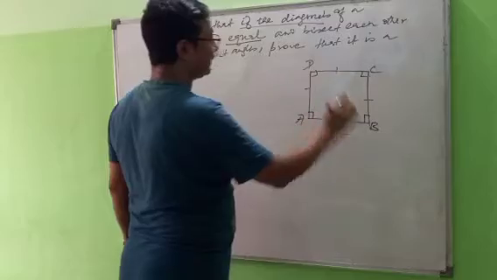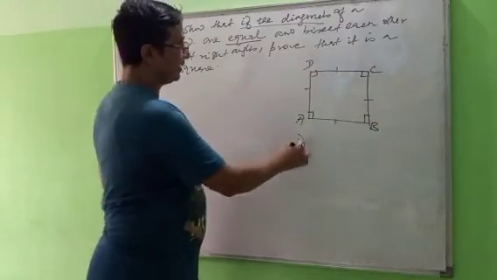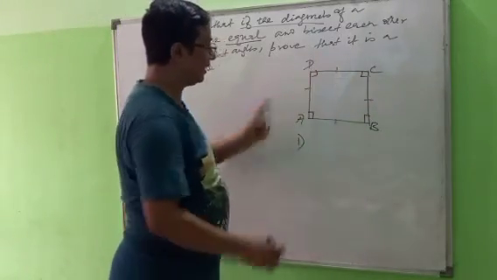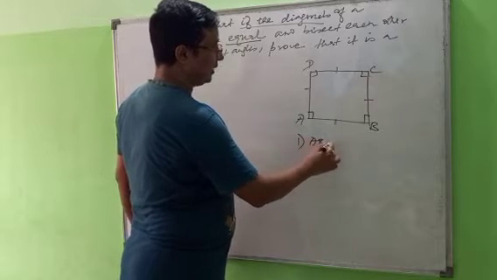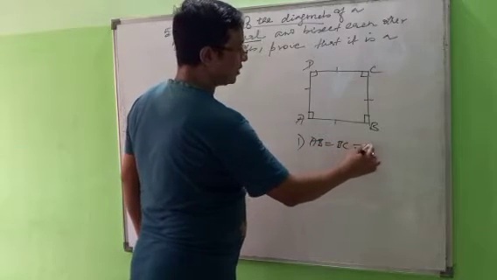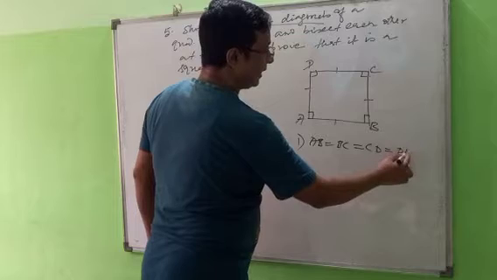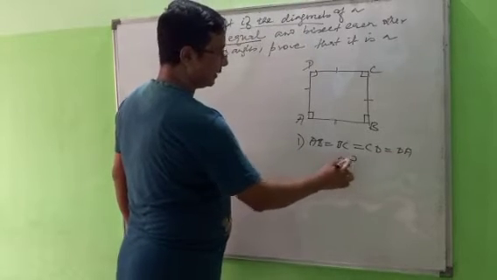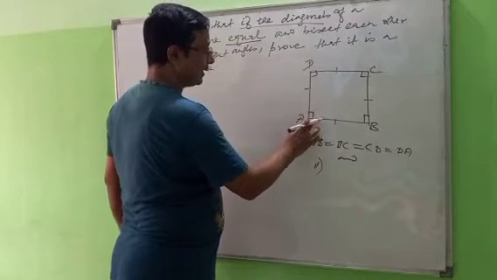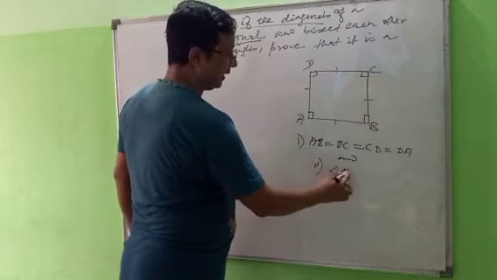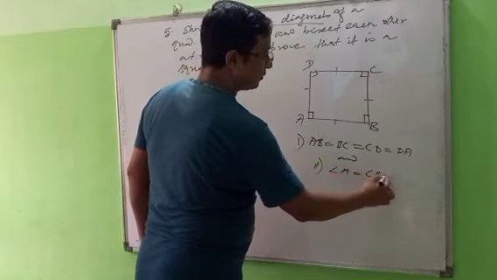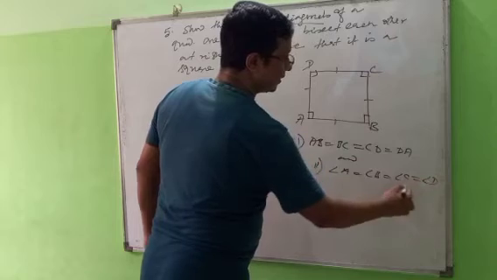So that means two things. One is that all the four sides are equal, that means AB equals BC equals CD equals DA, and number 2, each of the angles, that means angle A equals angle B equals angle C equals angle D equals 90 degrees.